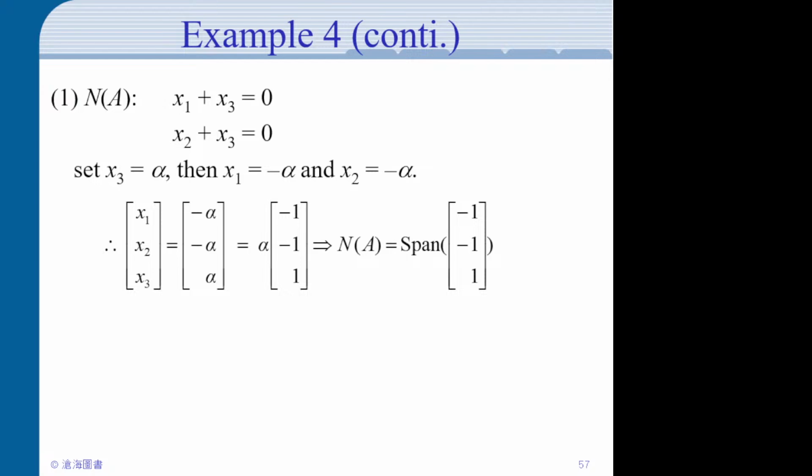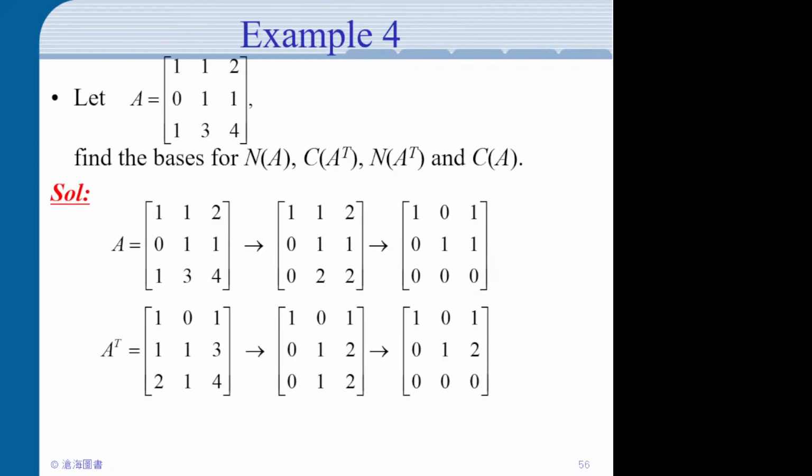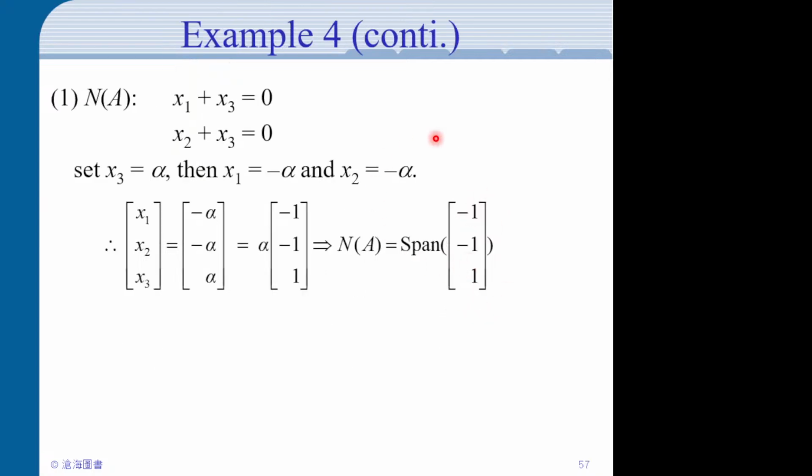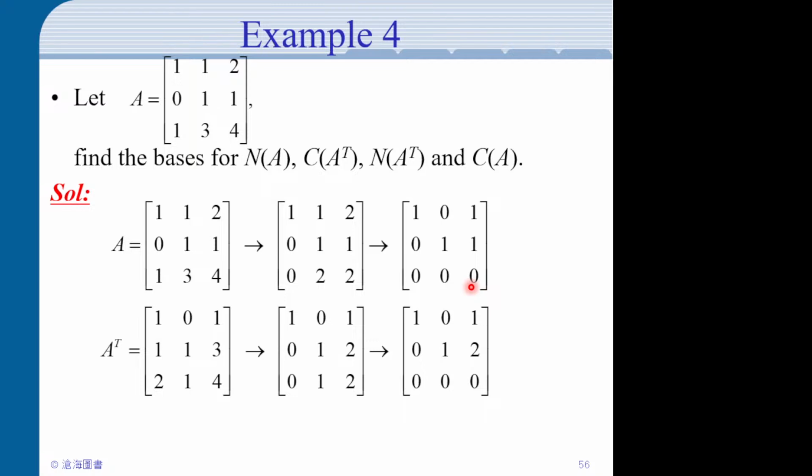So we just say that x3 is a free variable, say x3 equals alpha, and then the null space is spanned by (-1, -1, 1).